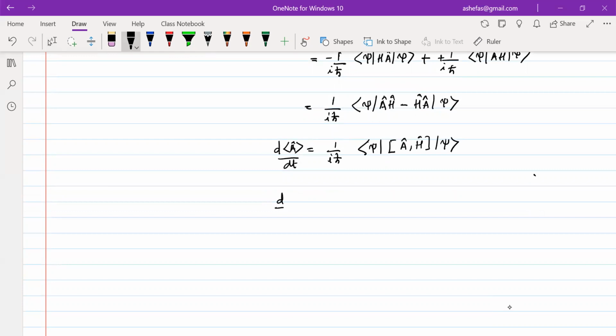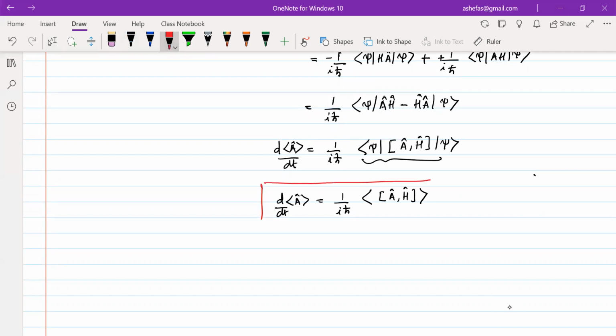Therefore the time derivative of the expectation value of the operator is 1/(iħ) times the expectation value of the commutator [A, H]. Now we have got the expression for the time evolution of the expectation value.